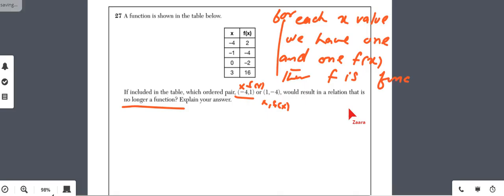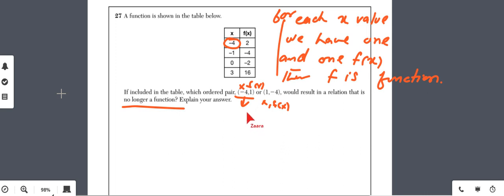The discussion is about the relation. Now to make it a relation that is not a function, since this is a function currently, we have to take a pair for which we will have the same input but a different output. Negative 4 is already here, and it is giving us the output 2, and if I add this pair, negative 4 will give us 1 as well. So negative 4 is giving us two different outputs, right?